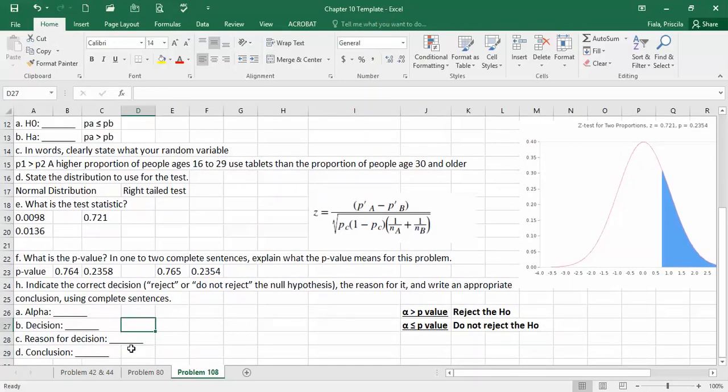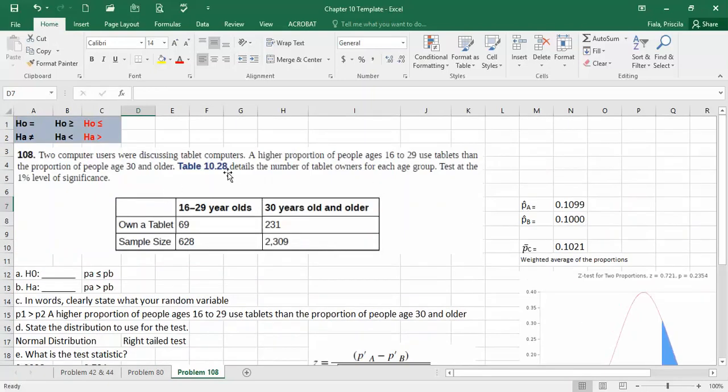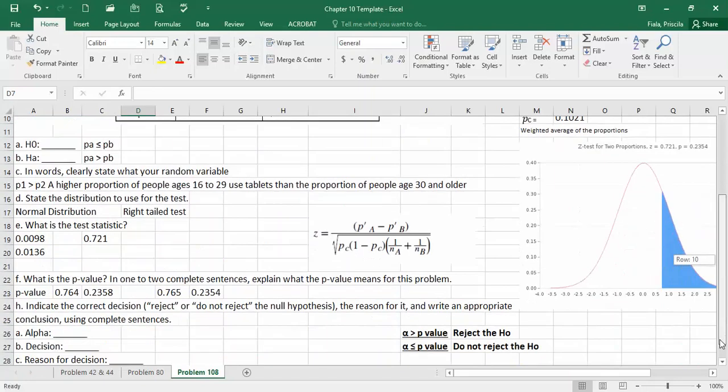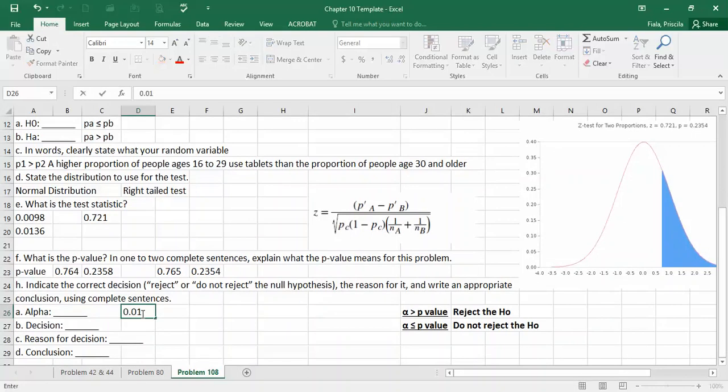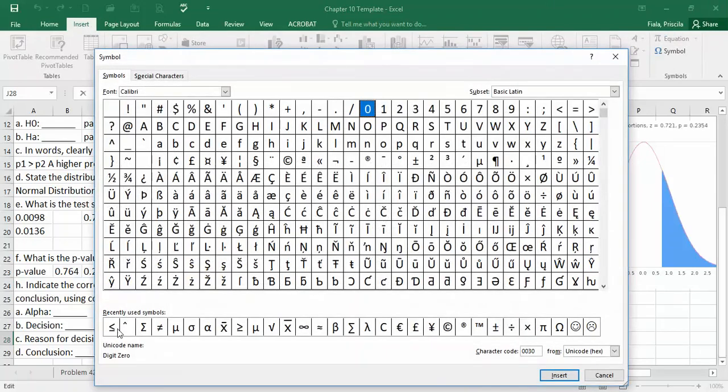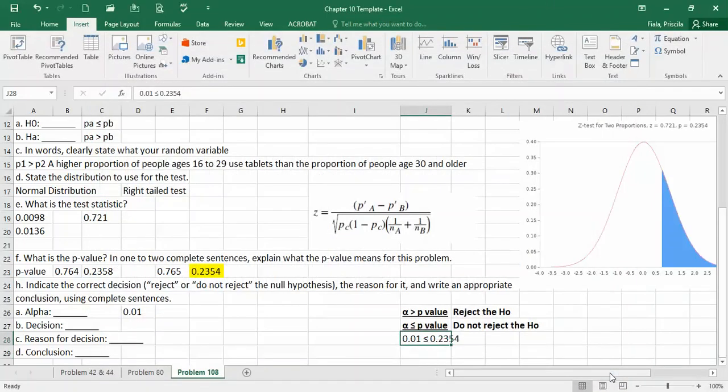Then to conclude, it is asking you, oh, sorry, I forgot to read the rest. Test at the 1% level of significance. Okay, so your alpha is 1%. So if your alpha is 1%, and your p-value is 0.2354, well, the alpha is less than or equal to, so let me put the symbol here, your p-value.